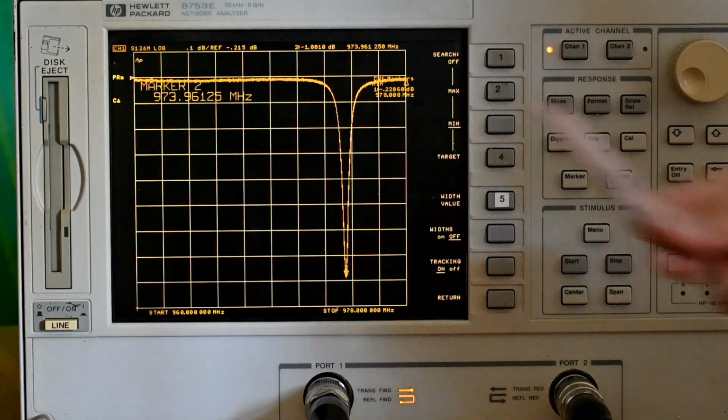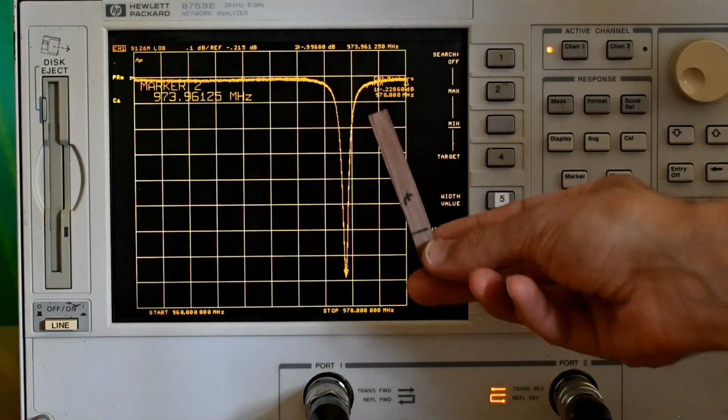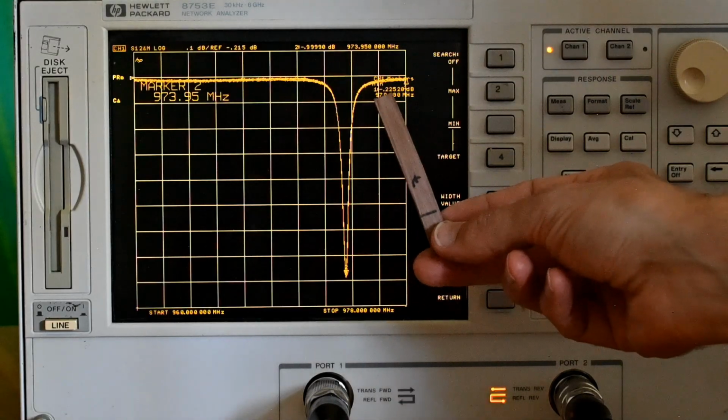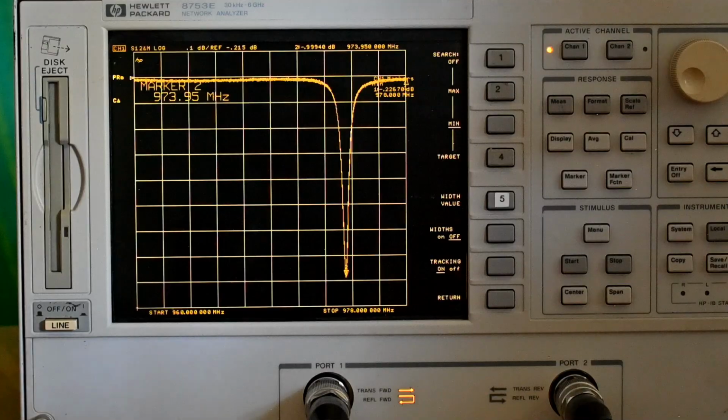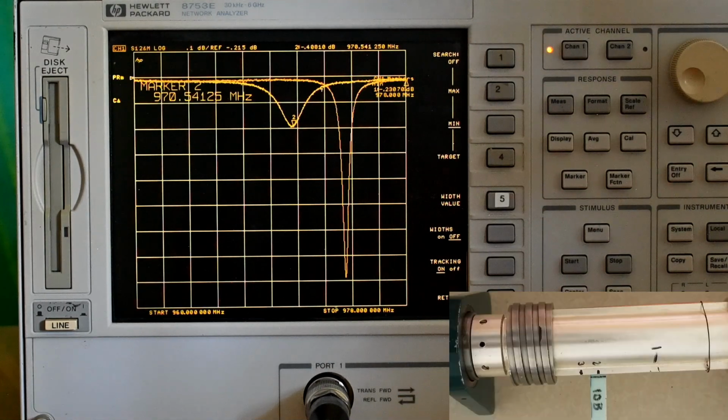We have here a piece of walnut, black walnut. So let's go ahead and see what happens when you throw black walnut in here. There it is in the measurement position. And we see clearly a shift in frequency, but also a ton of loss. This is the lossiest material we've tested thus far, and we are not surprised because wood is lossy.